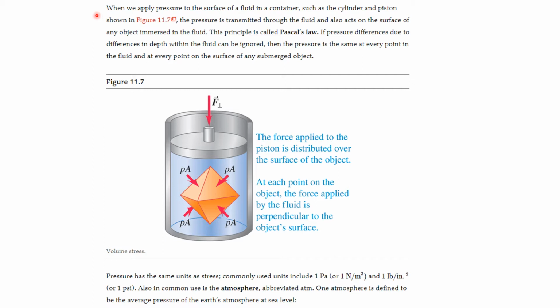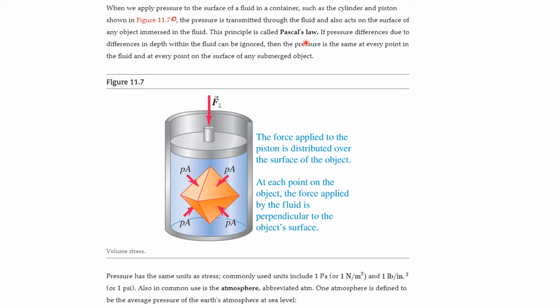When we apply pressure to the surface of a fluid in a container, so here we're applying pressure, there's an area, and we're putting a force perpendicular to that area, such as a cylinder and piston shown here. The pressure is transmitted throughout the fluid and also acts on the surface of any object immersed in the fluid.